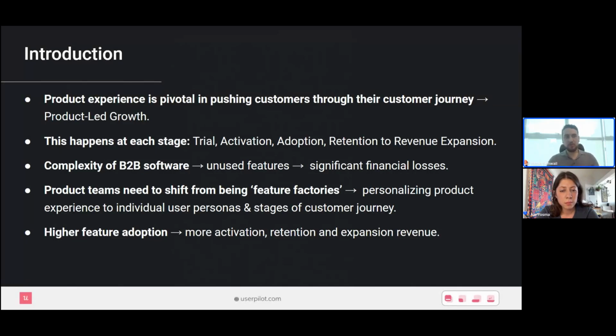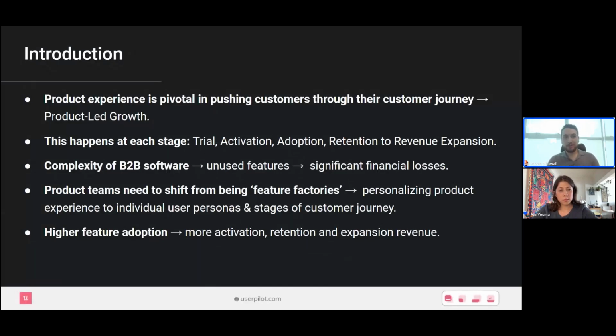From the first time you hear about a brand, to starting a trial, to activation, adoption, retention, the communication is all happening within the product. So the product experience becomes really, really important.